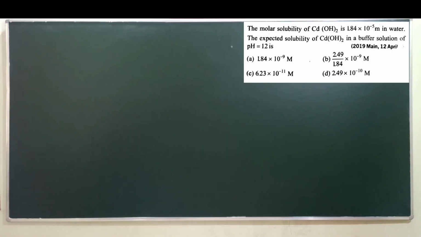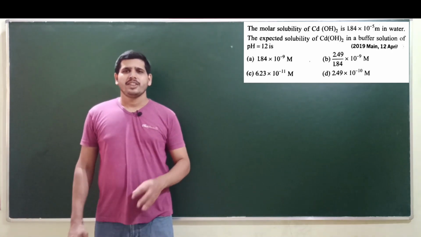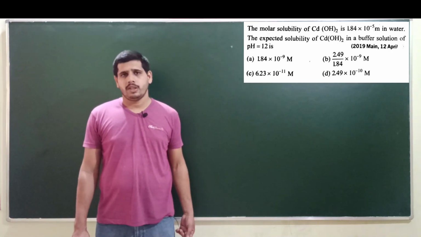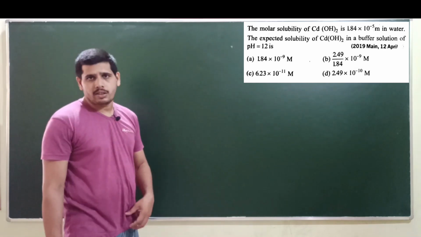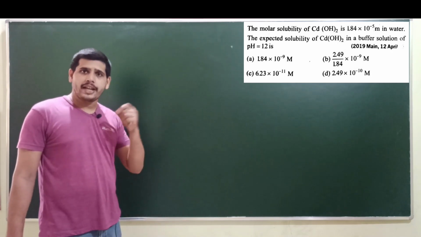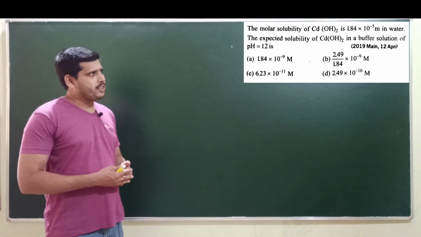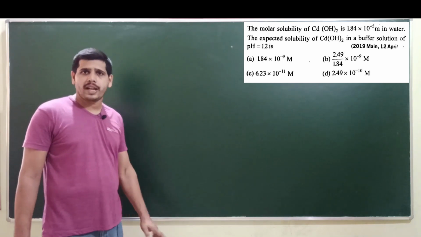Hello dear students, the question is based on molar solubility and solubility product. It is a sparingly soluble salt, cadmium hydroxide, which dissociates to give cadmium and hydroxide ions. If only this were asked, the KSP solubility product formula could have been applied directly.